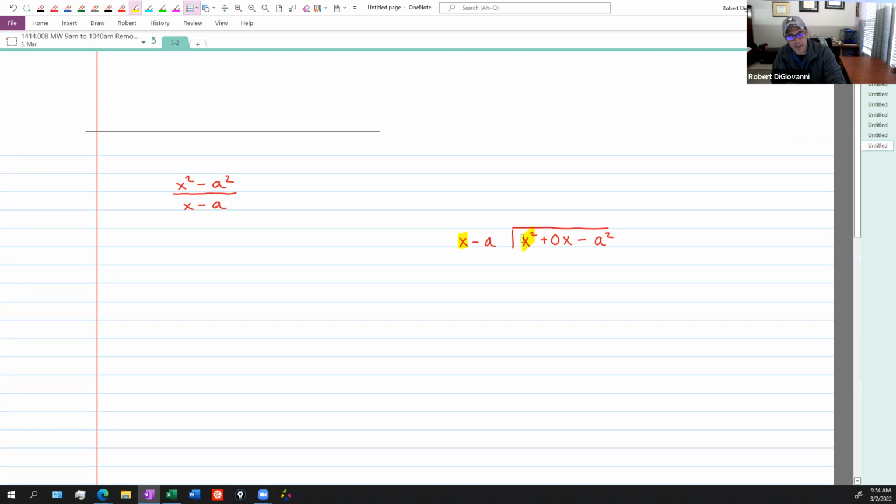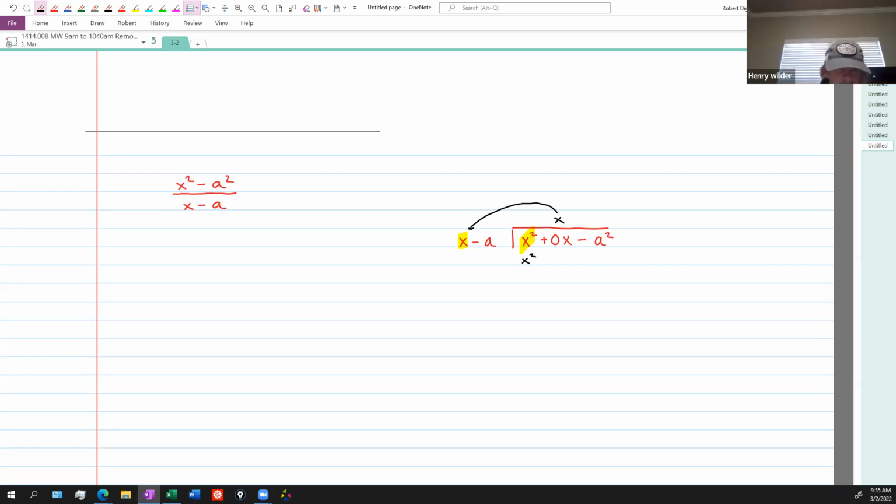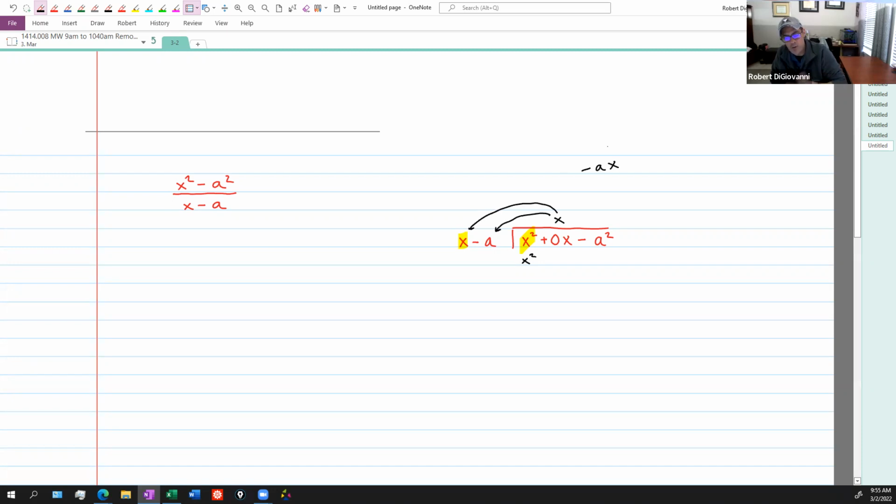What do we multiply x by to get x squared? Just x, right? So I put x here. And now I multiply x times x, that gives me x squared. And then what's x times negative a? Negative ax, right? Where do I put that? Do I put it underneath the 0x or under the a squared?